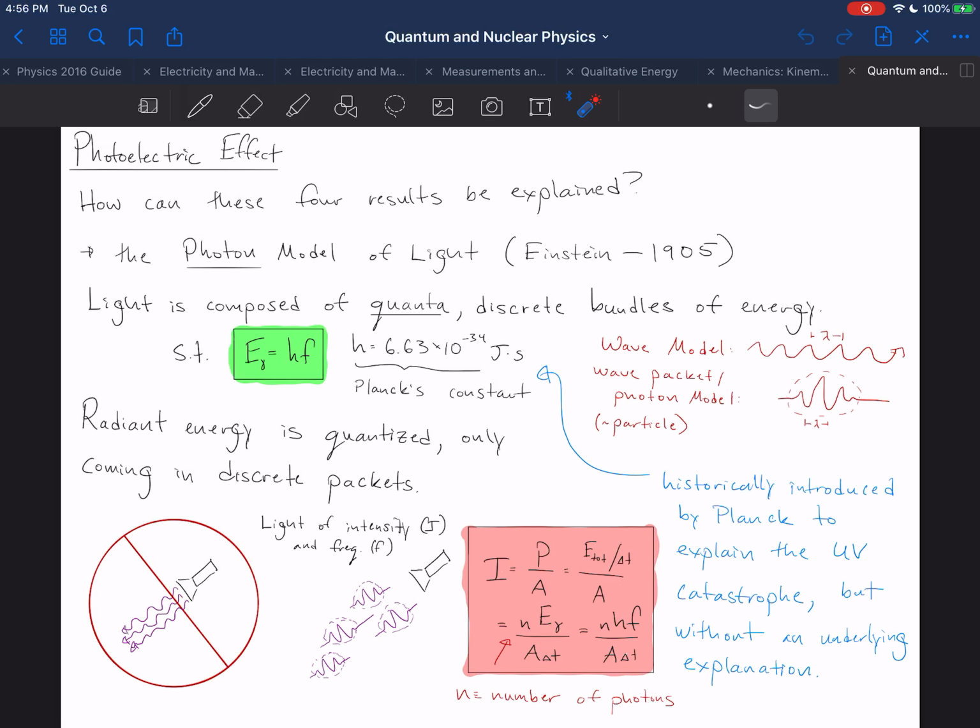A wave packet is a tiny little packet of waveness. It's a couple of squiggles that move together. And those squiggles that move together do have a defined wavelength. So you can draw lines from peak to peak in that wave packet and get a wavelength. So it has a well-defined wavelength and frequency.